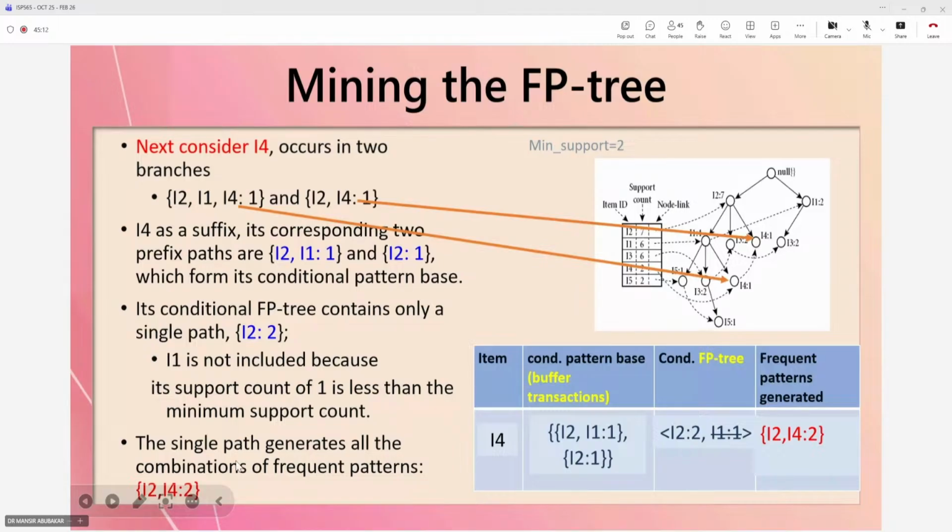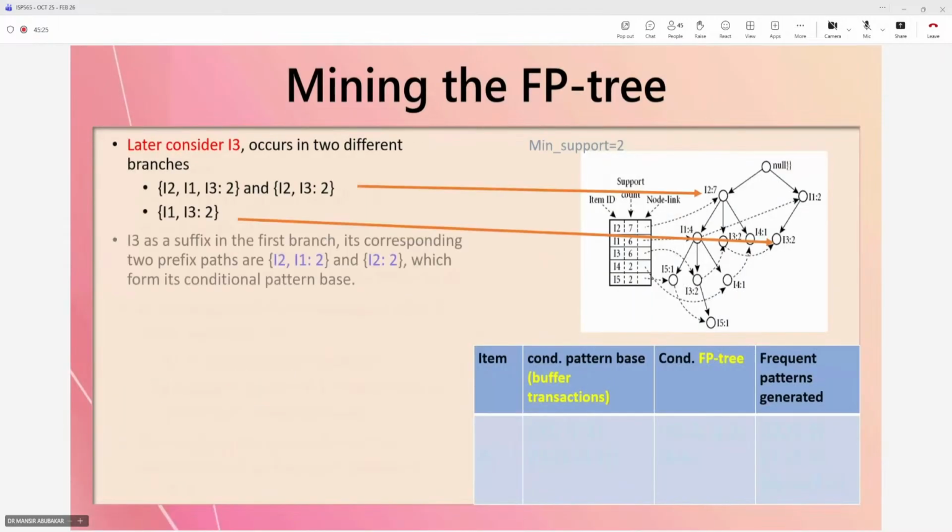So the single path generates all the combinations of frequent patterns, I2 and I4, where it satisfies the minimum support. So this is how the algorithm keeps on moving up to the last, where we now have I3.